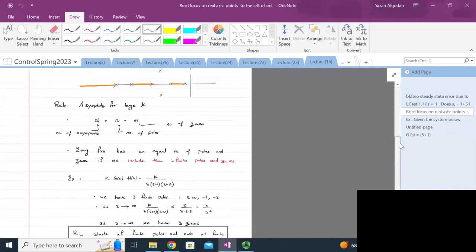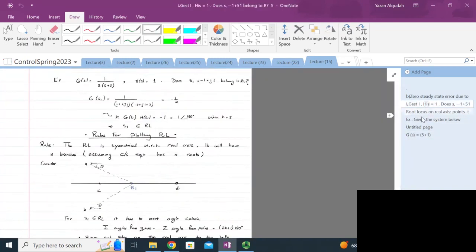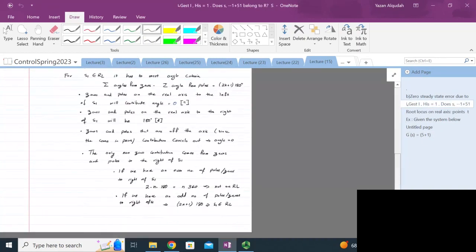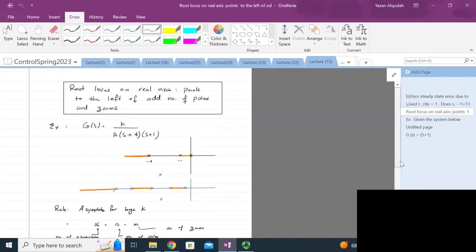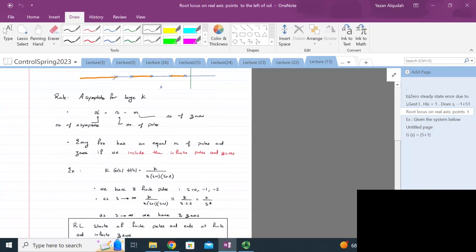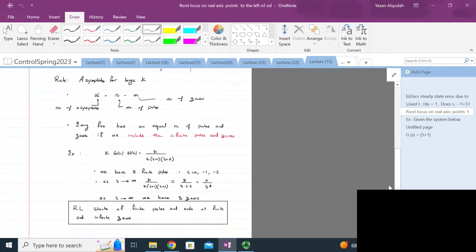So remember also, we mentioned that if we take any system, the number of poles and the number of zeros that the system will have is always equal if we consider s going to infinity. So if I look at a system like this, how many poles does this system have? 3 poles. How many zeros does it have? Very smart.